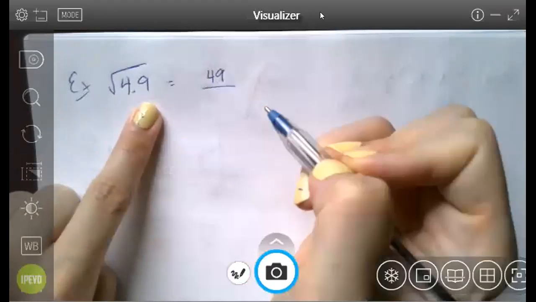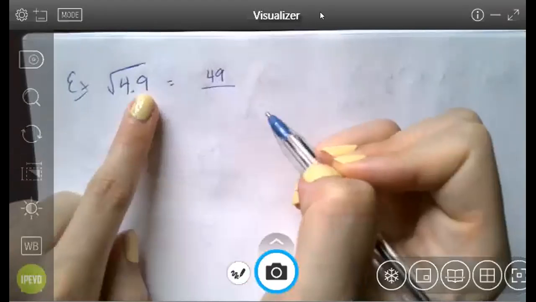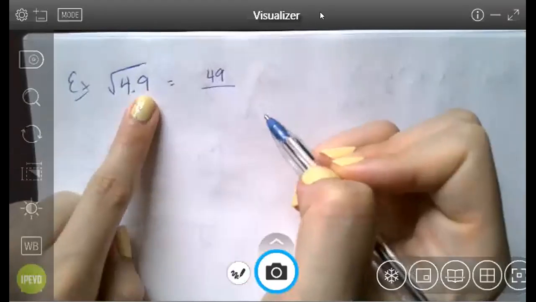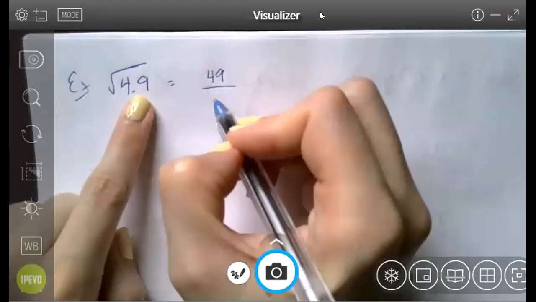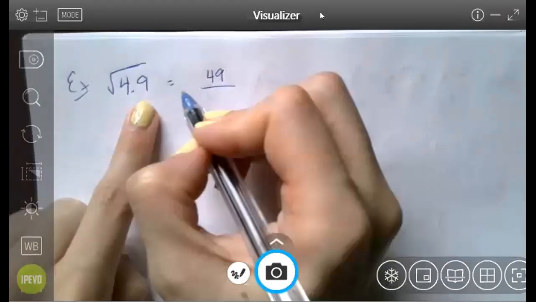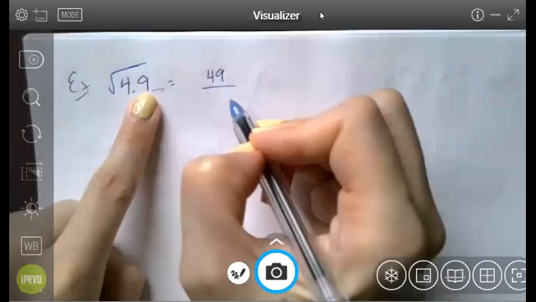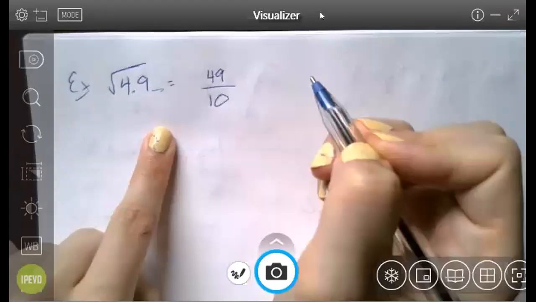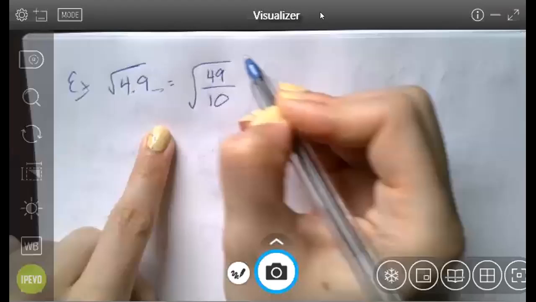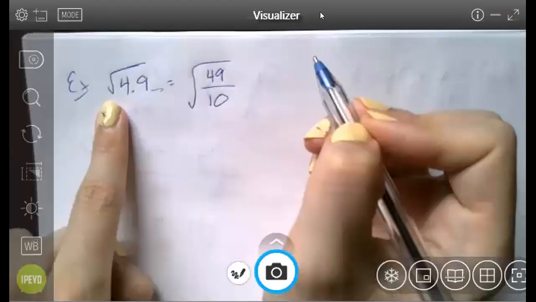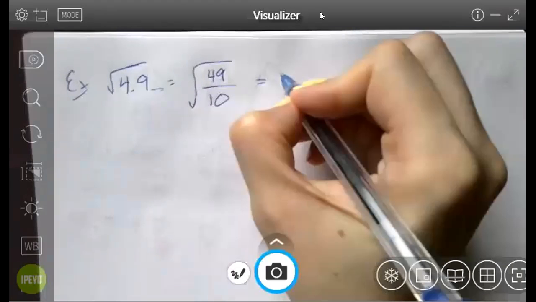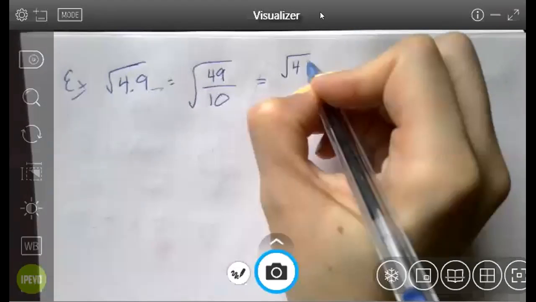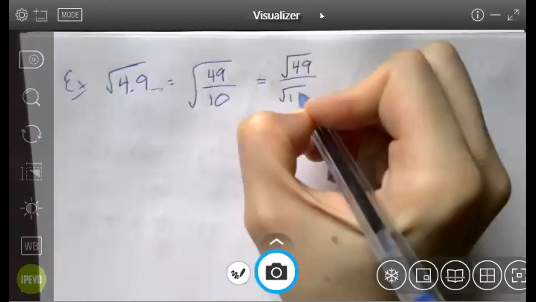And then because this 0.9 is in the 10th position, as opposed to the 100th, which would be the next position over, we put 49 over 10. And then the whole thing is still under our root sign. Then, just like we did in lesson 2.7, we're going to write this as the square root of 49 over the square root of 10.